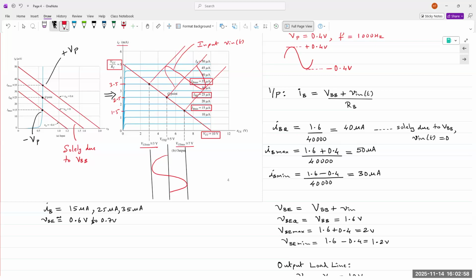If I was to plot this, VCE going this way, this is my DC offset in the output. So there is no way to avoid it. We cannot avoid the inversion, and we cannot avoid the DC offset at the output.